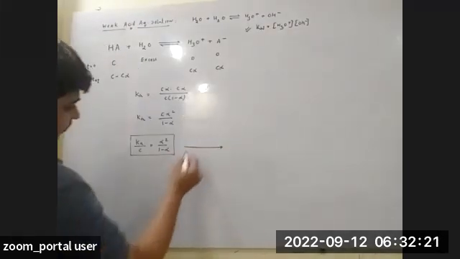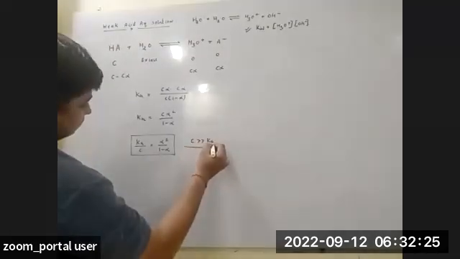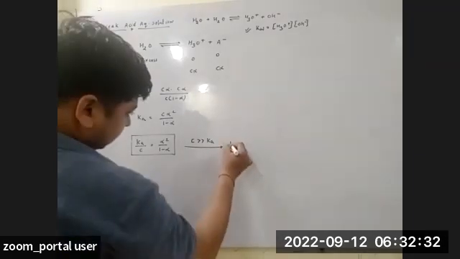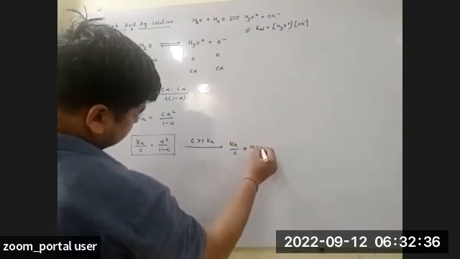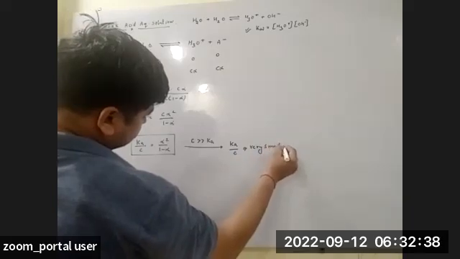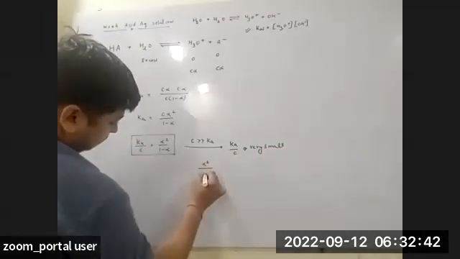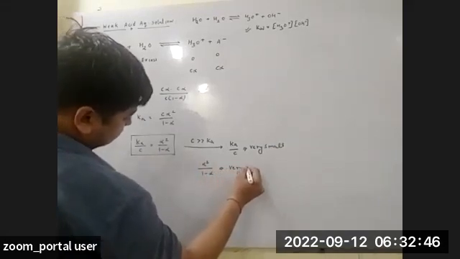Now we can have C very, very greater than K. If C is very, very greater than K, then definitely K by C will be a very small number. Then alpha square by 1 minus alpha should be very small.